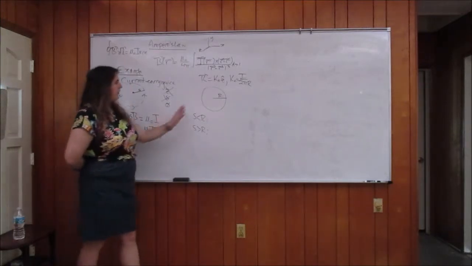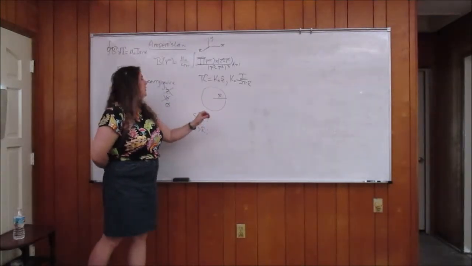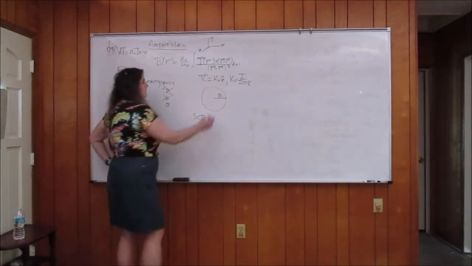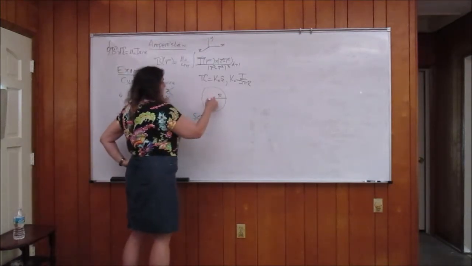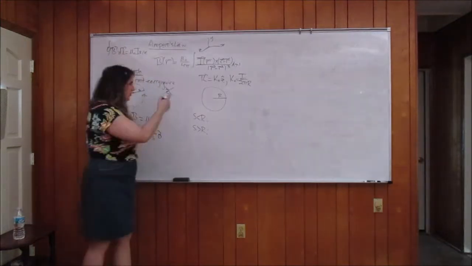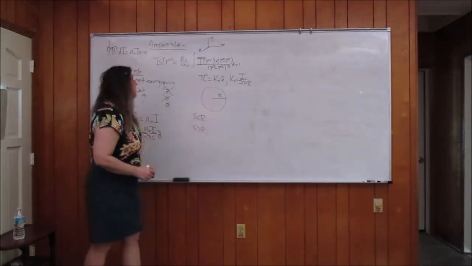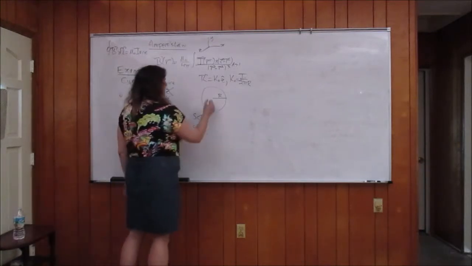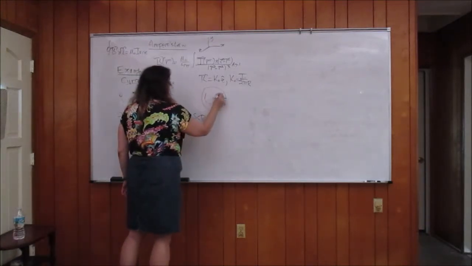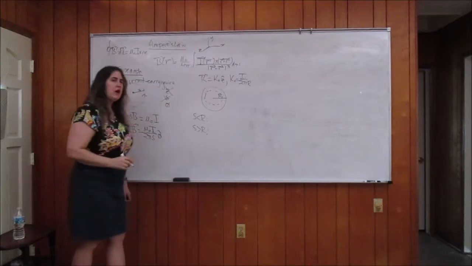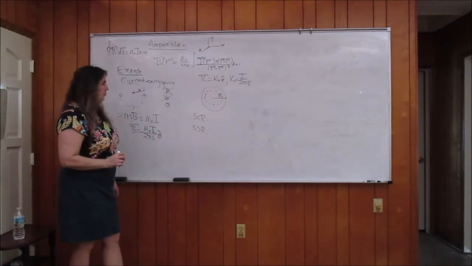Okay, so because of the symmetry of the problem, we know that the magnetic field is going to have the same value equidistant from the center. It has a circular cross section. So the Amperian loop I choose is also going to be a circle, the center of which lies on the axis of the wire.